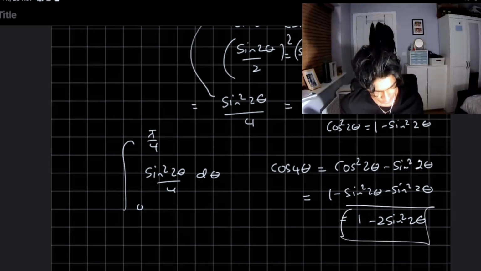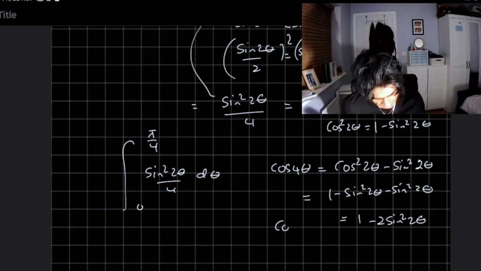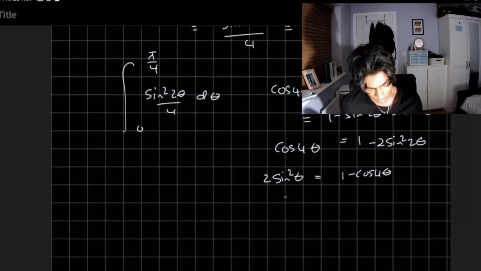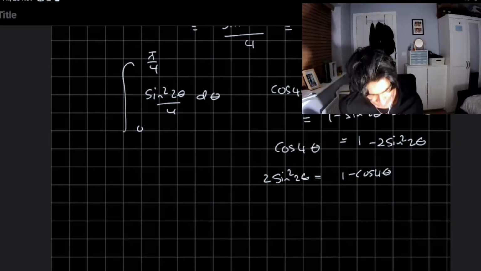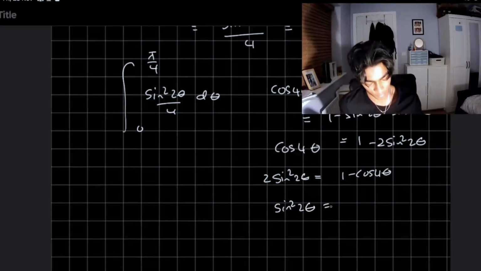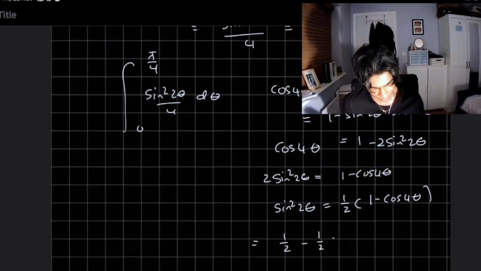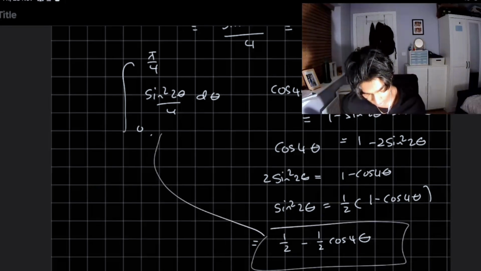Great. So we can rearrange: 2 sine squared 2 theta equals 1 minus cos 4 theta, and sine squared 2 theta will be a half times 1 minus cos 4 theta, which is a half minus a half cos 4 theta. Lovely.